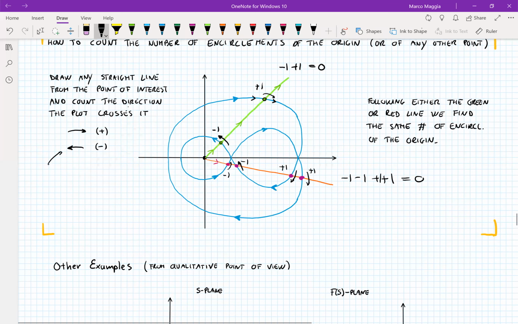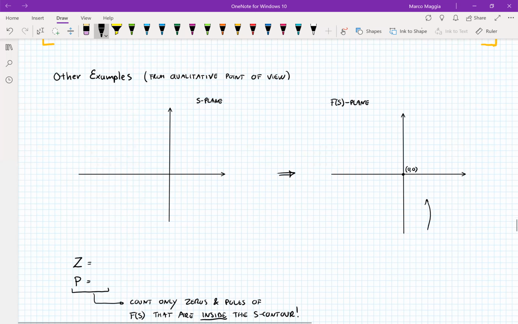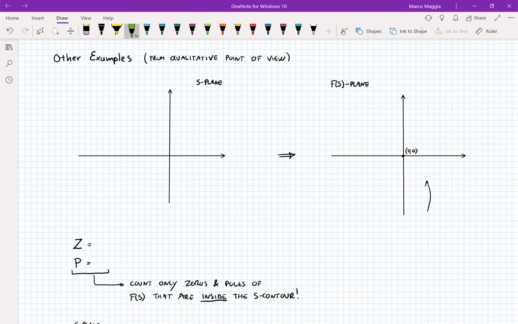All right, with that being said, let's take a look at a couple of examples in order to apply the Cauchy theorem. So let's say that now we have a map that has a bunch of zeros and poles. Let's say that we have zeros here, then here, and a couple more here. Then we have a pole right here, a couple of poles right here, and another pole.